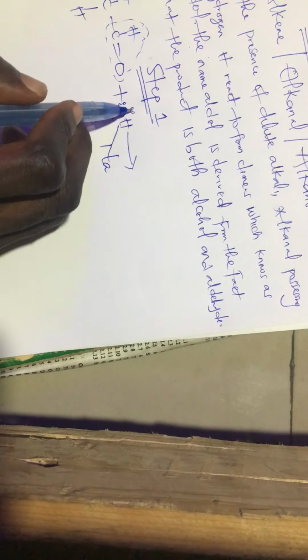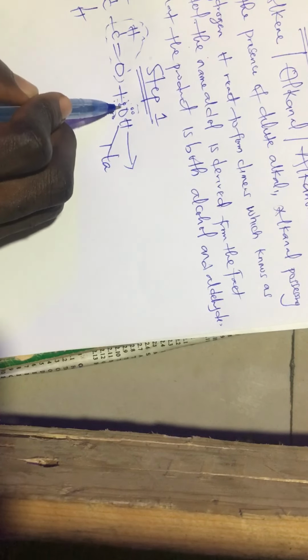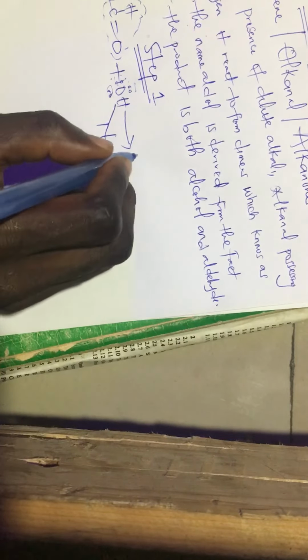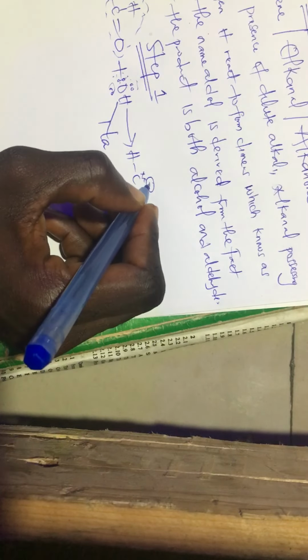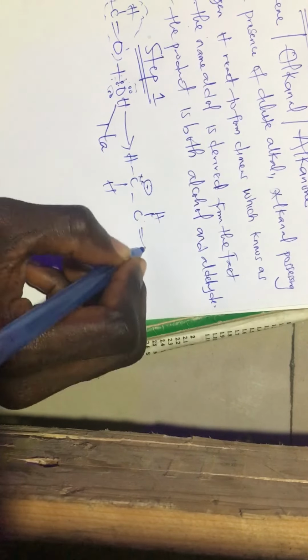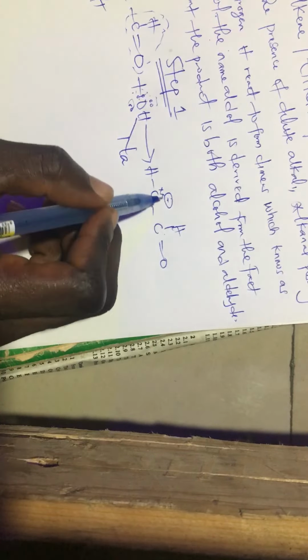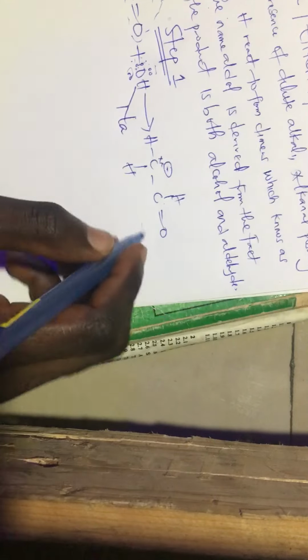The electrons here are the outer electrons of the oxygen atom. If they come to this place, we are going to have the formation of a carbanion. So this is the formation of the carbanion. Then we have C double bond O. If I remove the hydrogen from this carbon atom, reacting with this OH, I'm going to have the product plus water.